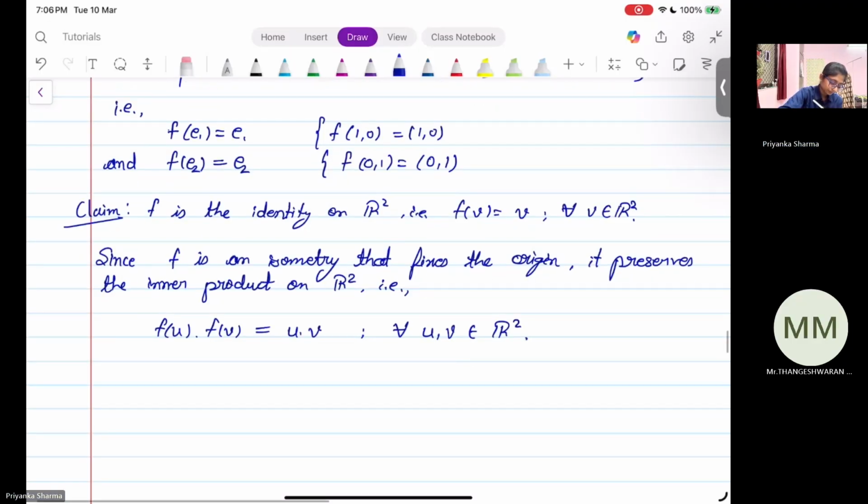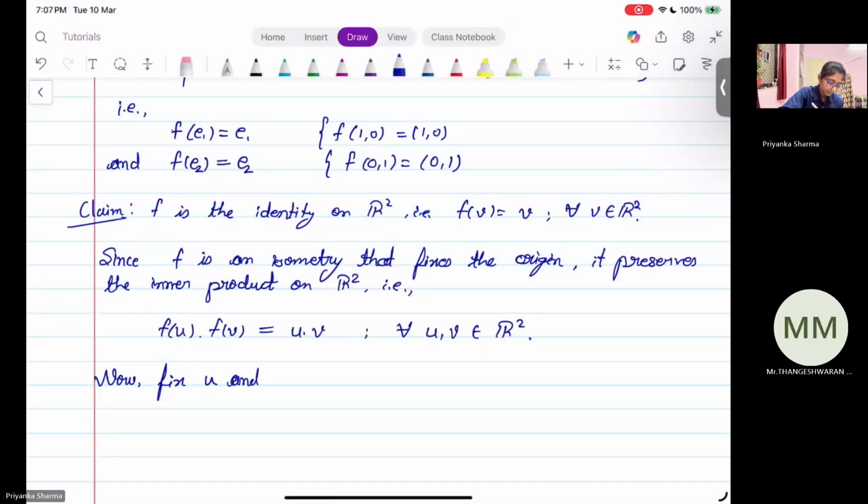Now fix u and vary this v over the basis elements.